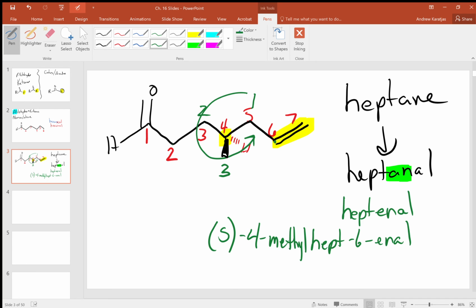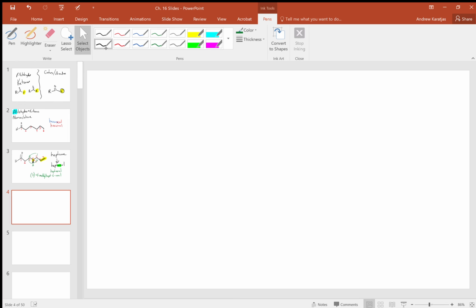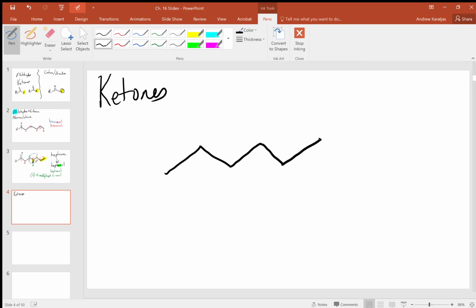What about ketones? So ketones are a little bit more complicated than aldehydes. And that's because the carbonyl of the ketone shows up in the middle of a chain.